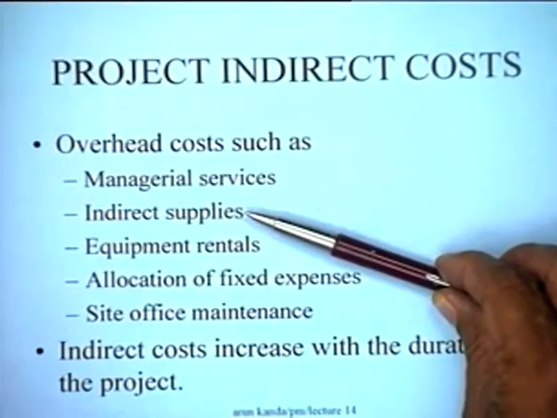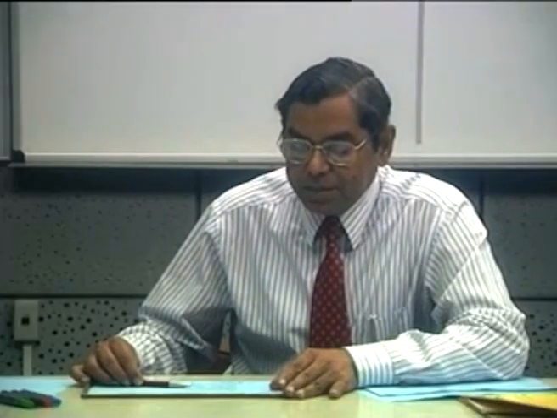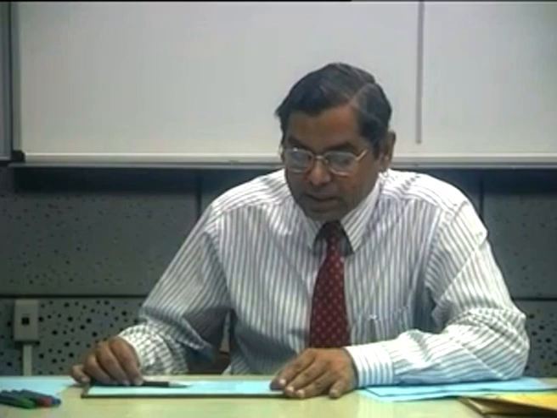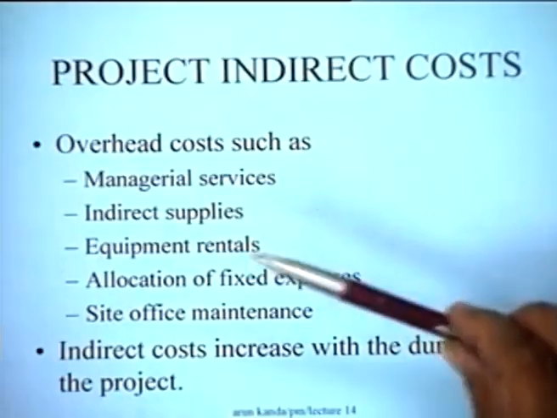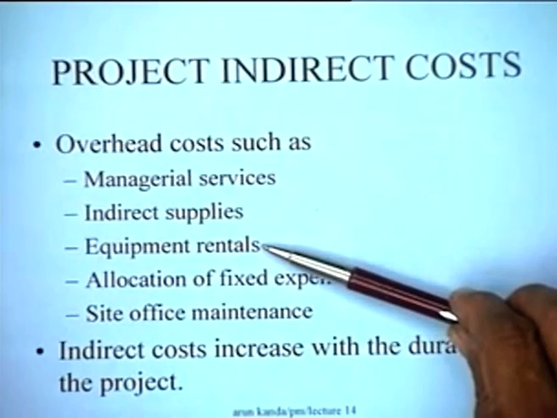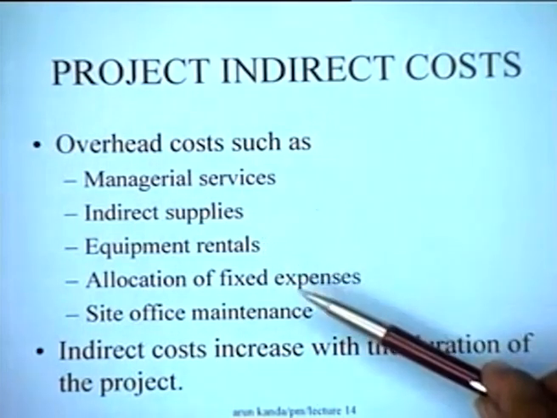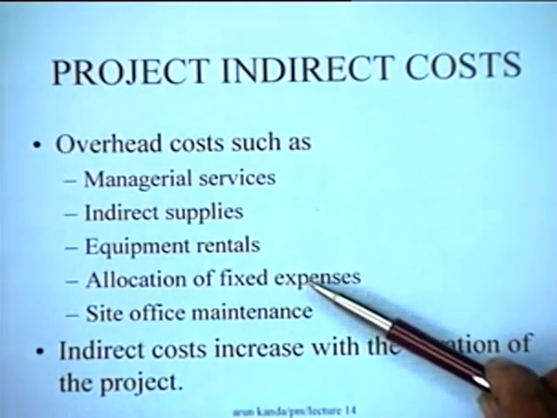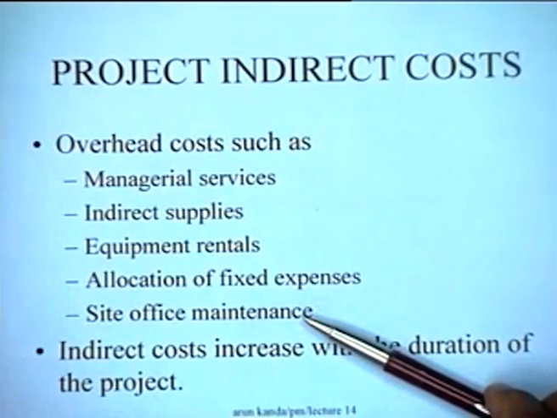Indirect supplies which are needed, all the stationery which goes into the project, the electrical utilities, the power and the water supplies, and all these kinds of things would be part of the indirect costs. Equipment rentals, allocation of fixed expenses, site office maintenance.